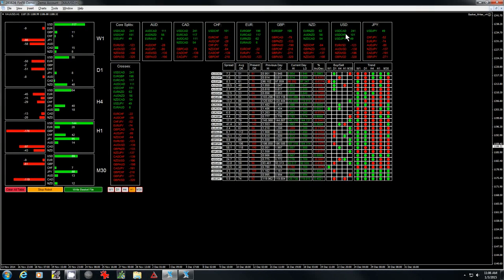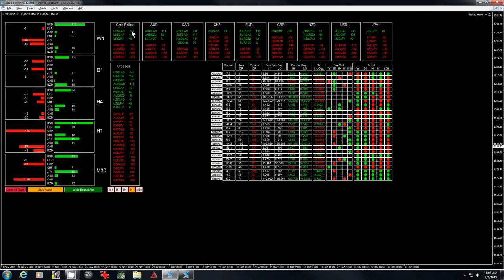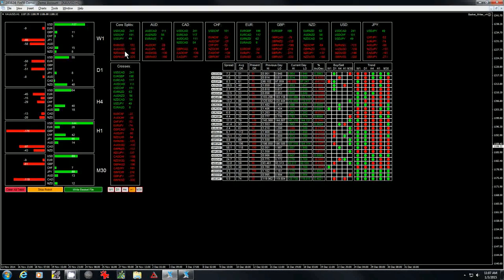And as you notice, these 7 over here are actually identical to the 7 in the core over here, because the dollar happens to be in all of the 7 that are in the core. But over here we'll look for now.